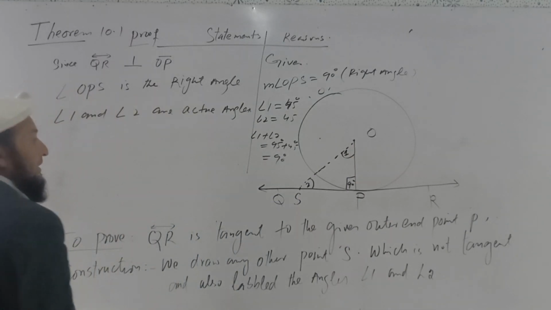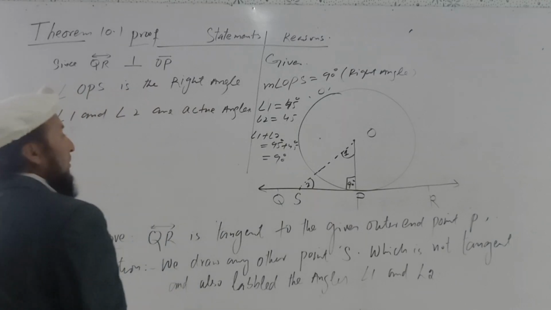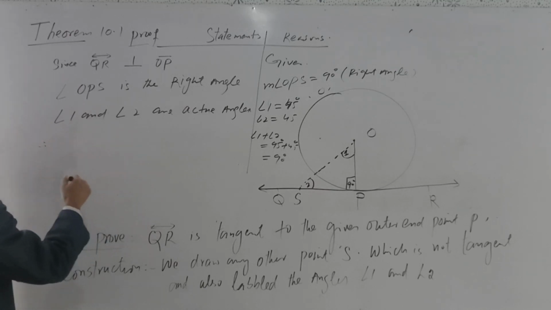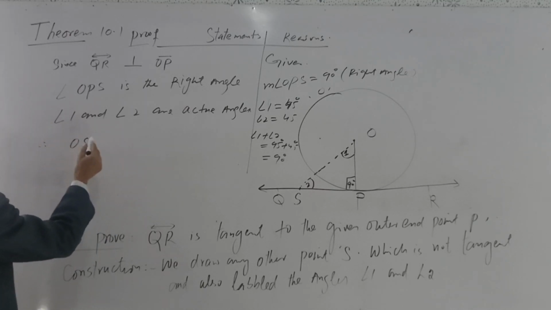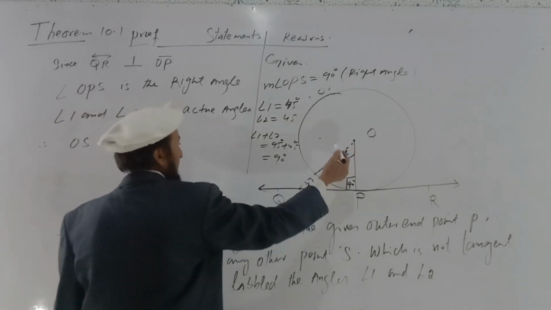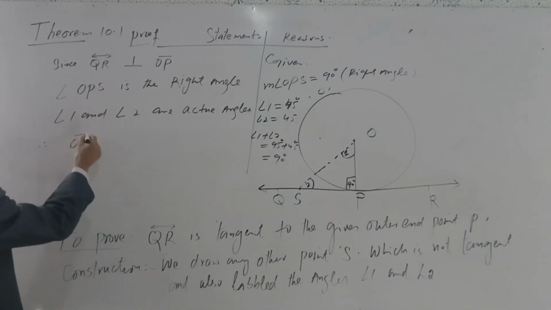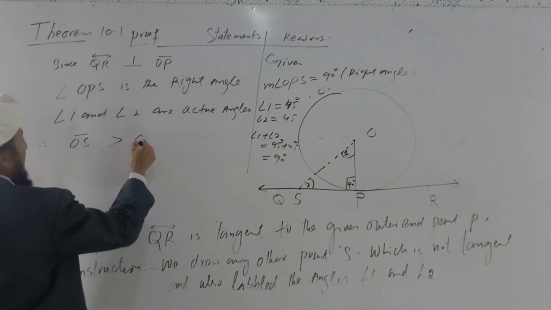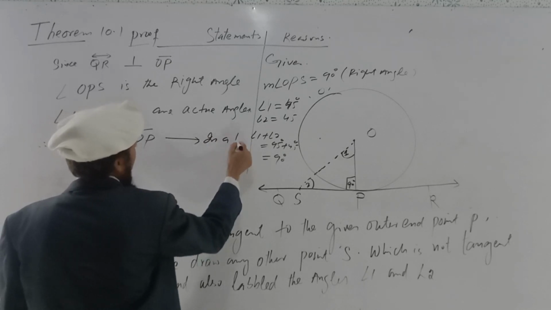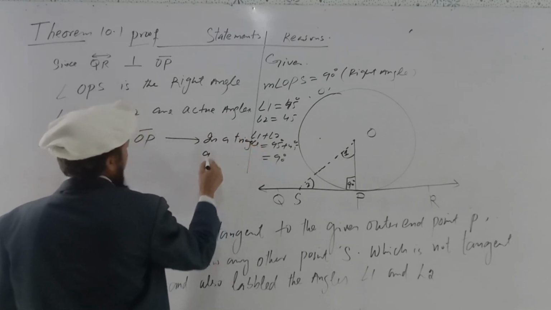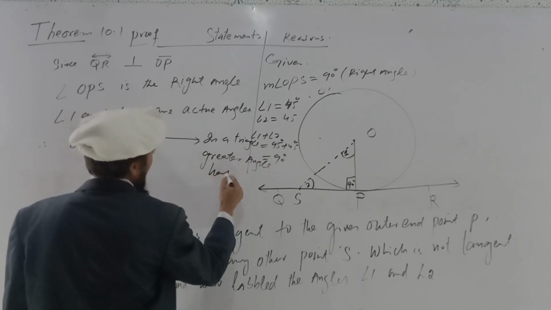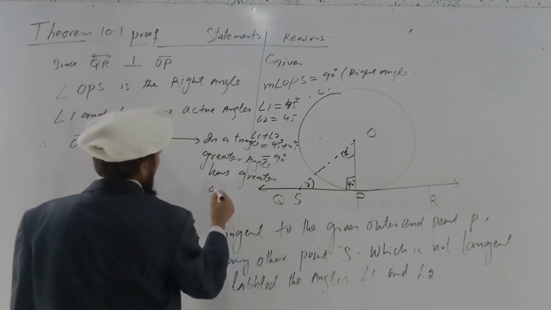We can say that the measurement of angle OPS is greater, so the side OS is greater than OP, because in a triangle the greater angle has the greater opposite side.